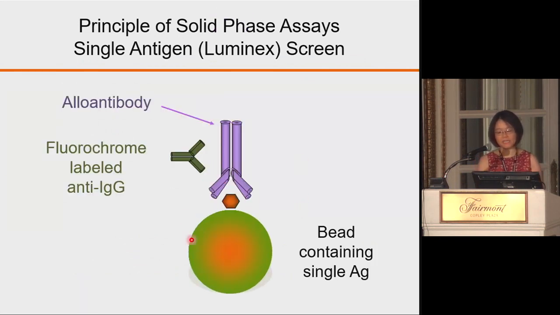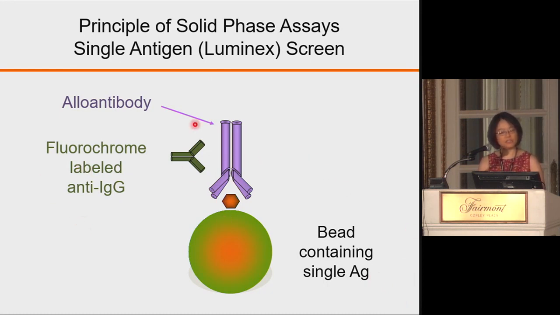The Luminex assay utilizes beads, and each bead is a different color. There are 100 beads on the same panel, and each of these beads contains one single HLA antigen. Then you add the recipient serum, and if they have alloantibodies specifically directed against that particular HLA molecule, binding will occur.